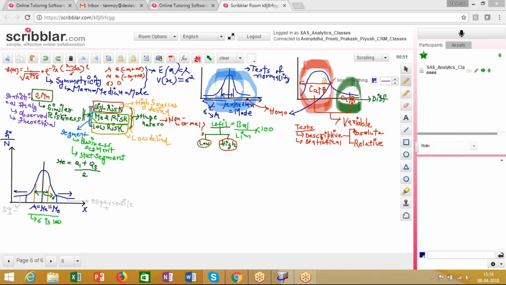Now, if that is the case, then we need to have this similar factor like mean, median, and mode.